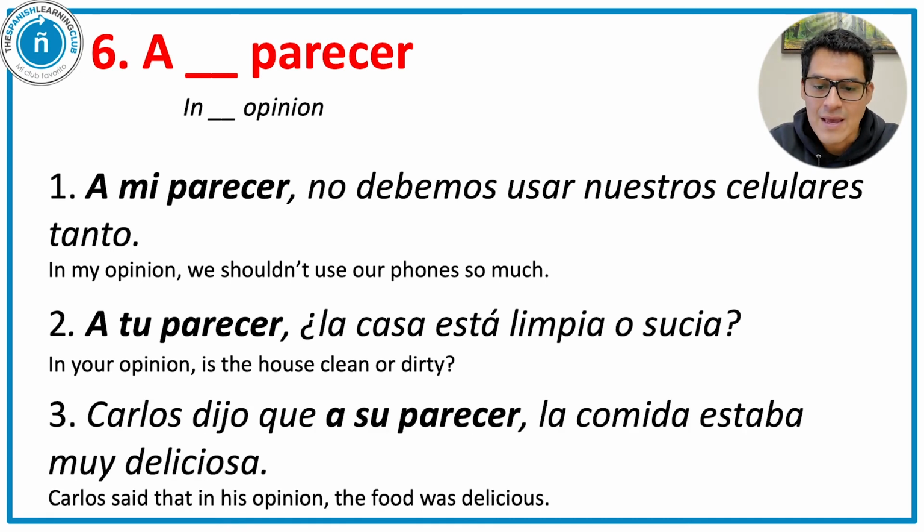Carlos dijo que a su parecer la comida estaba muy deliciosa. Here you need to pay attention the possessive before parecer. A mi parecer, in my opinion, a tu parecer, in your opinion, Carlos, a su parecer, in his opinion. Okay?